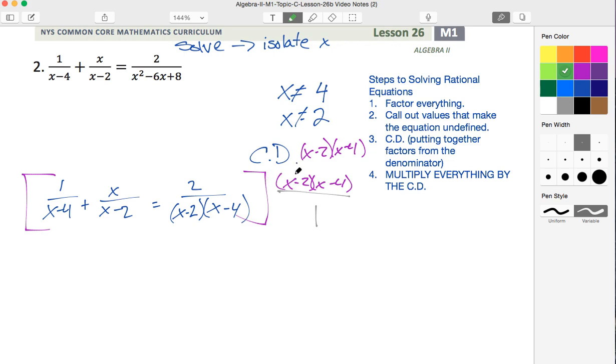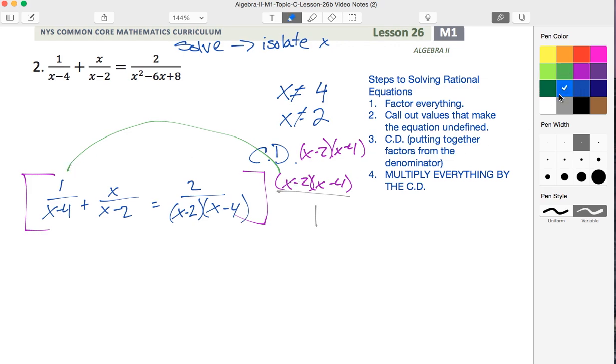So now we're going to multiply our common denominator by every single term. This term, then this term, and then this term. Okay? So let's do this multiplication first.